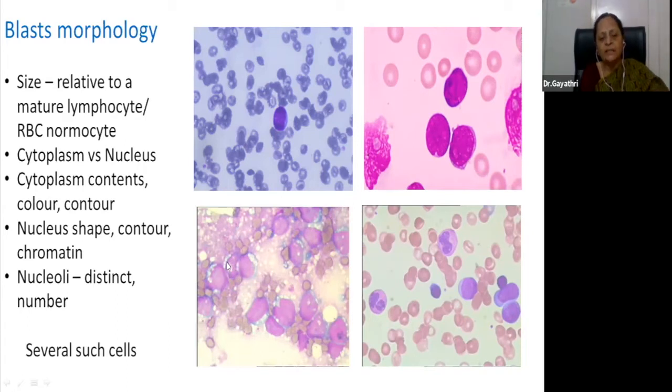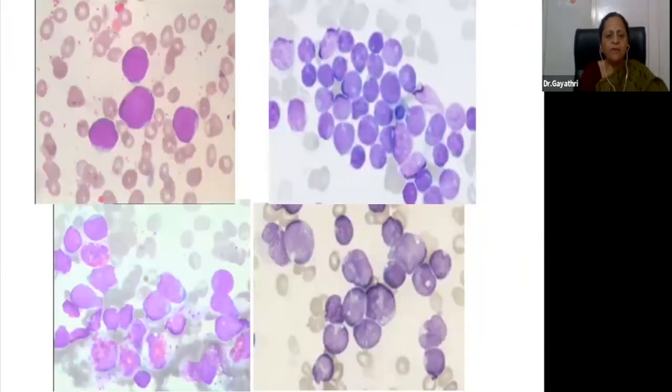They appear as if they are even within the nucleus, like in this cell. So neat punched out vacuoles. So these are also blasts. This is a blast. These are blasts. See how many variations we are able to see within the term called blast.